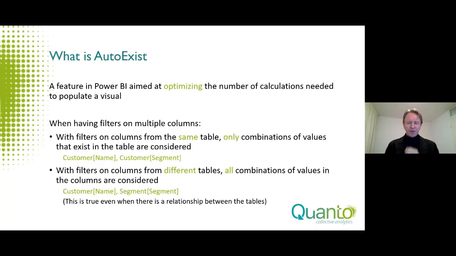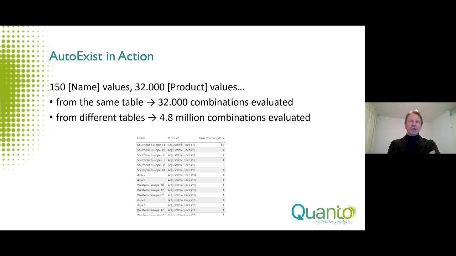And that is quite a fundamental thing to understand working with Power BI models. Let me quickly show you the effect of this. I here have an example of a table visual with two columns as labels, and the third column is actually a measure, so a calculated result. So if we have the column name and the column product, let's say that we have 150 unique values in the name column, and let's say a lot more values in the product column, 32,000.